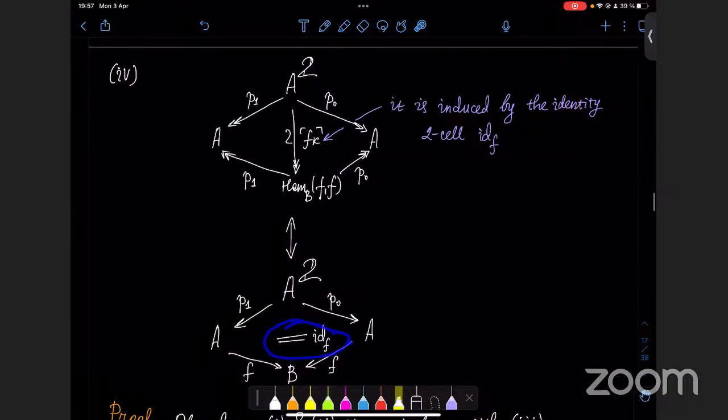And the statement is that this is an isomorphism.